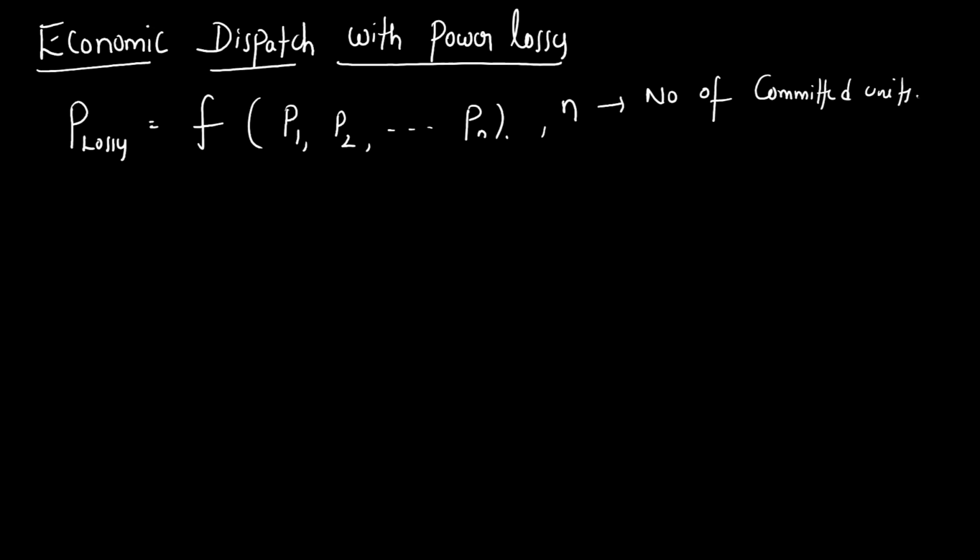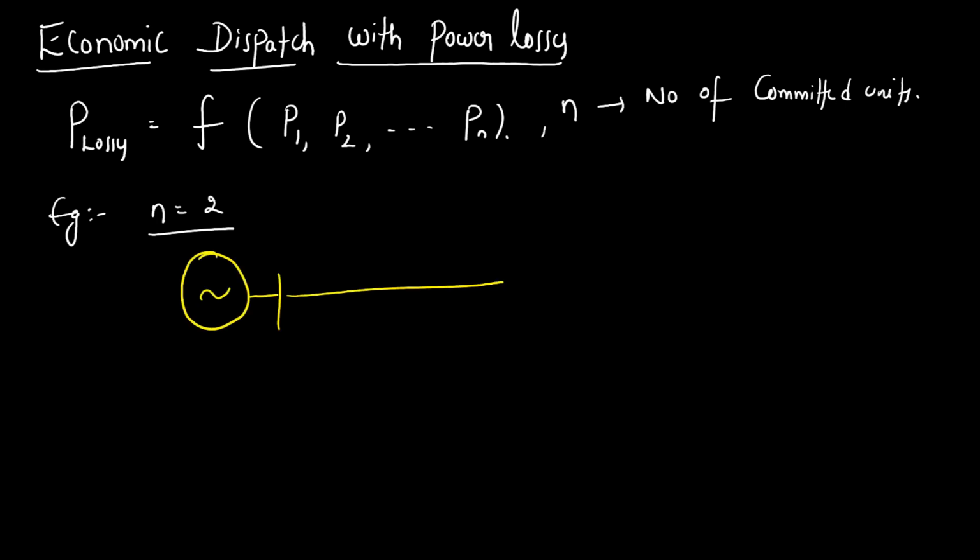So, for example, let us say if n is equals to 2, then three different situations will arise. Let us take the first condition. If there is one generating unit here, this is one transmission line. There is one more generating unit here.